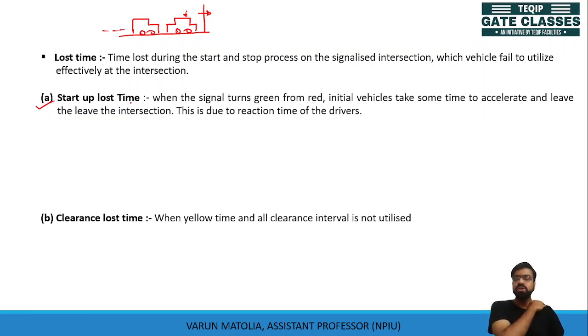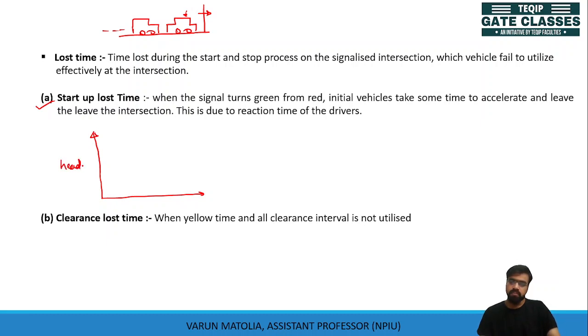Similarly, the second vehicle also will react, the third vehicle driver will also react, but their reaction will be overlapped with the, if we draw a graph between headways and your number of vehicles. So the first headway means time between crossing the section.